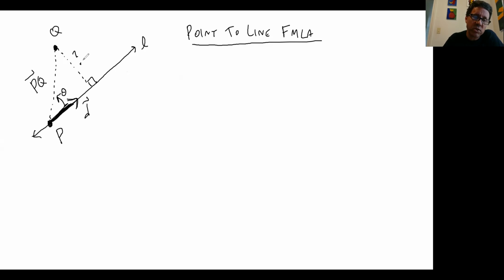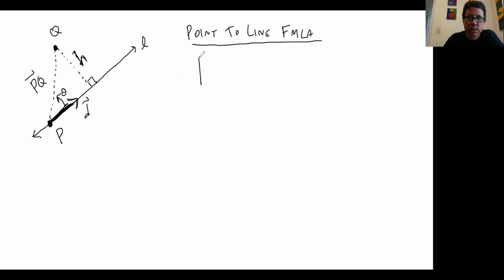So if you use basic trigonometry, maybe instead of calling this question mark, I'm going to call it H. I want to know what that height is. Then basically what I can do is just basic trigonometry. If I knew the length of this segment, which I do, it's the length of PQ, times the sine of the angle.